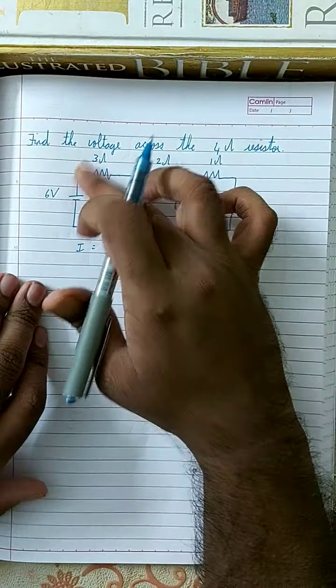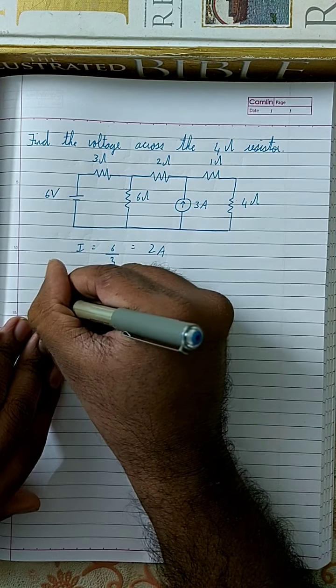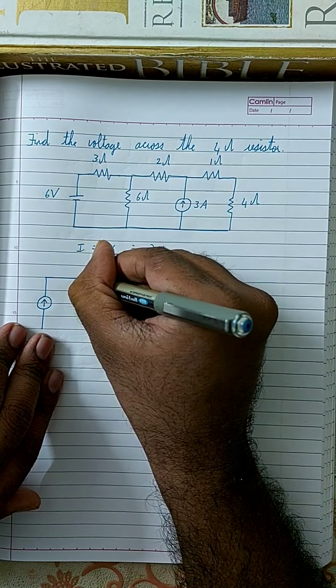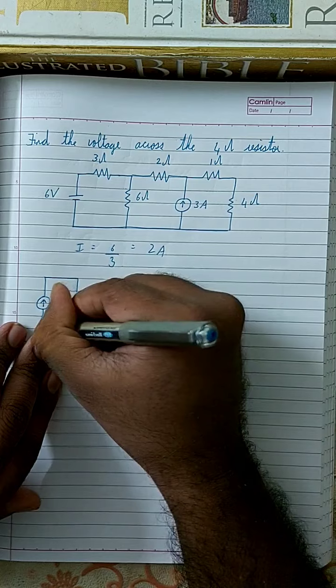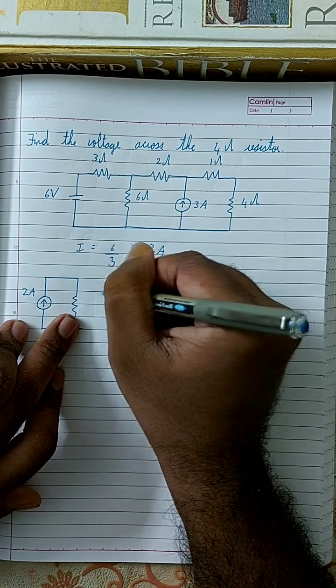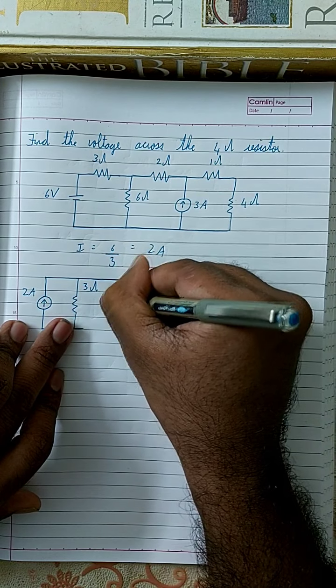So which means this can be redrawn as a current source, with a parallel resistor of 3 ohm. This value is 2 amperes. This value is 3 ohm, and the remaining is the same.